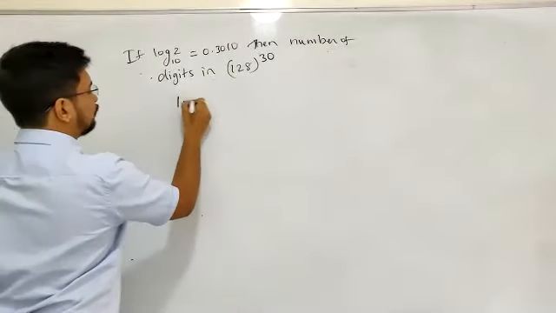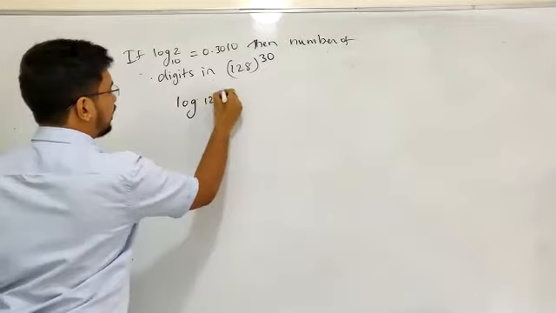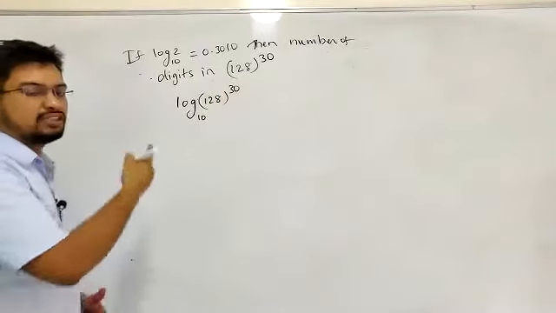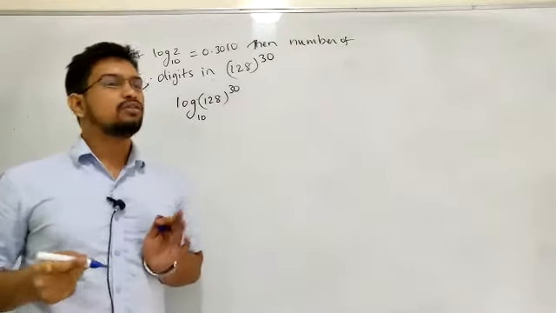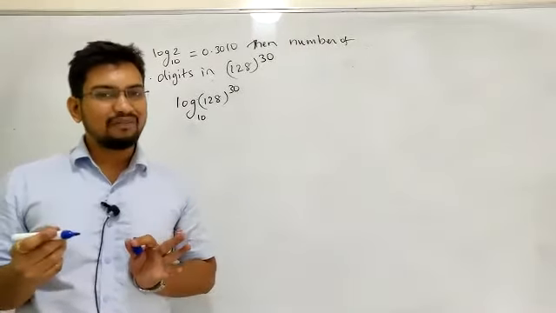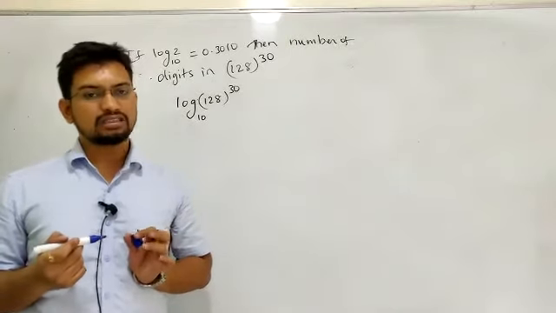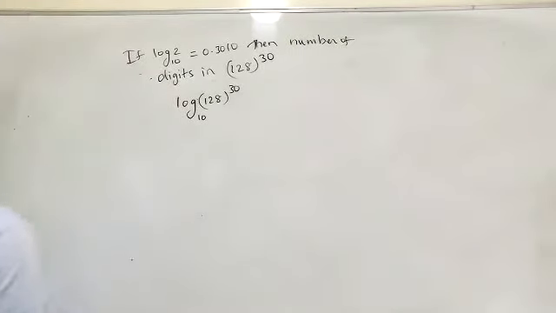So always try to find this value, that is log of 128 to the power 30. From this you will get the characteristic. Whenever they ask about the number of digits, all you need to get is the characteristic. You have to find the characteristic.